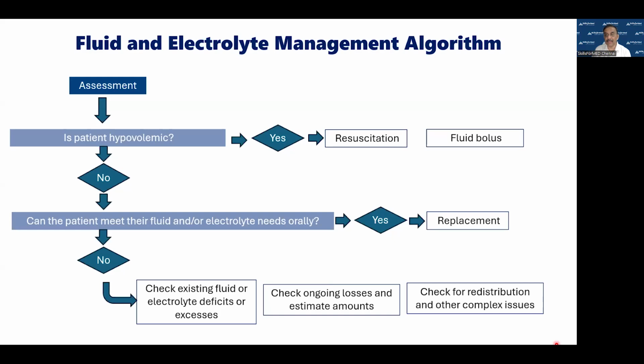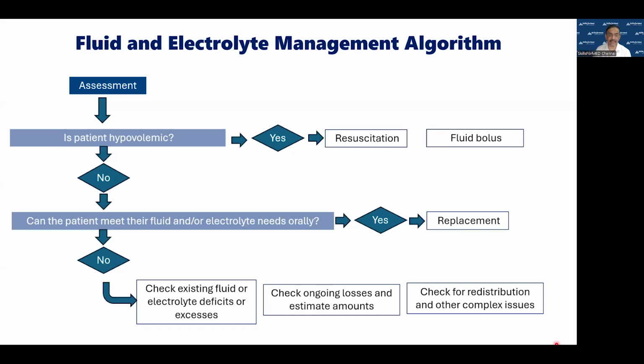And finally, in complex patients with renal failure, hyponatremia, hyperkalemia, these sort of people also in the ward, the redistribution is not as simple, so it will be more complex. So you will need to get expert advice to manage these patients. So this is the overall algorithm.